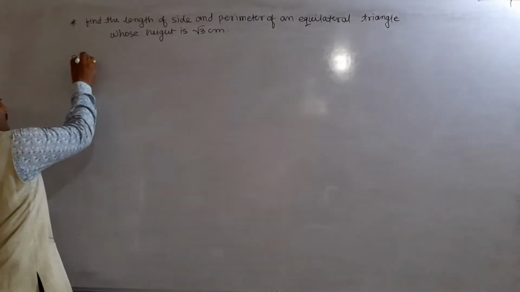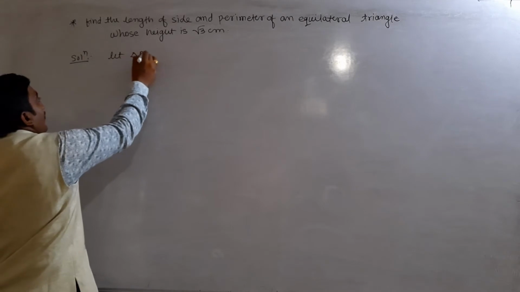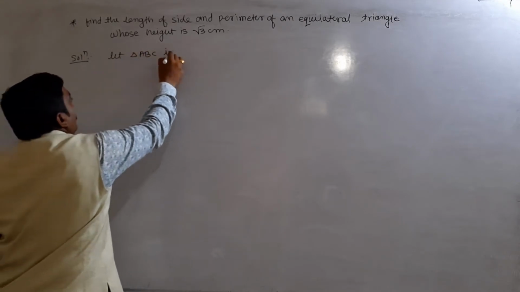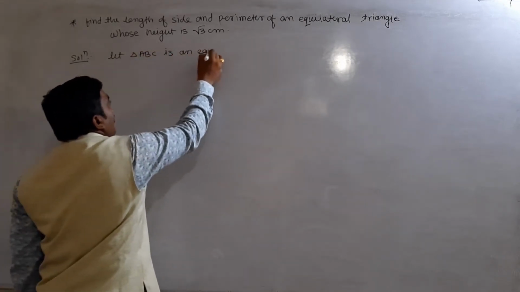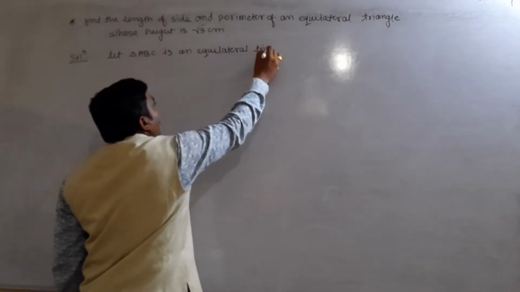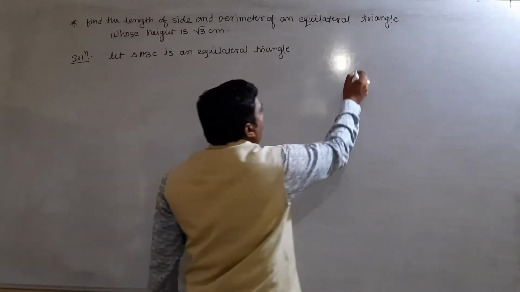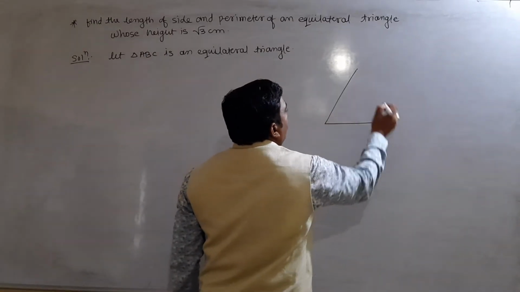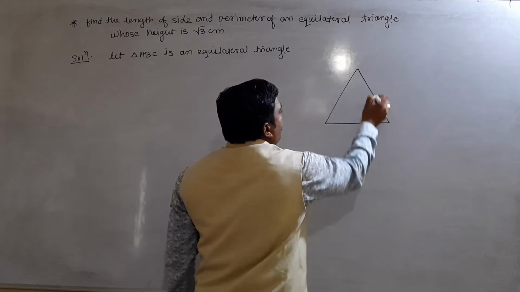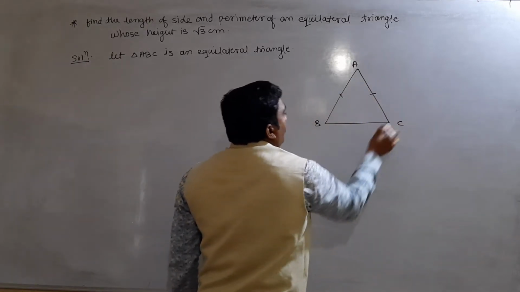Solution of this problem: let triangle ABC be an equilateral triangle. This is triangle ABC, and this triangle ABC is an equilateral triangle.